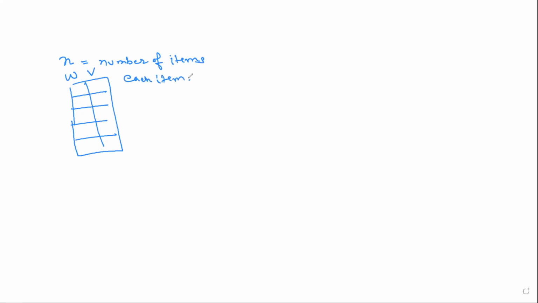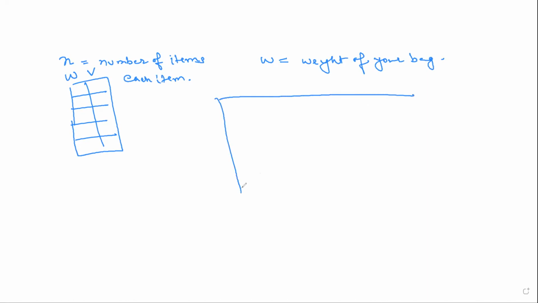How many items we have is n. Then we need to accept the value of W. Now what is W? W is equal to the weight of your knapsack or the weight of your bag. So once we accept these inputs, we are ready to start with the solution.